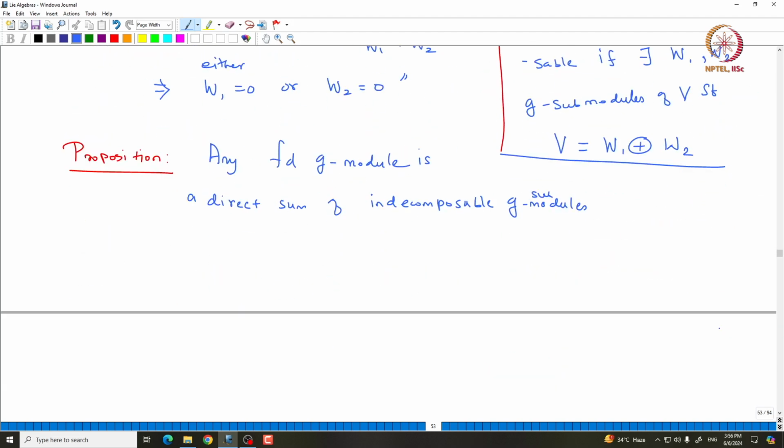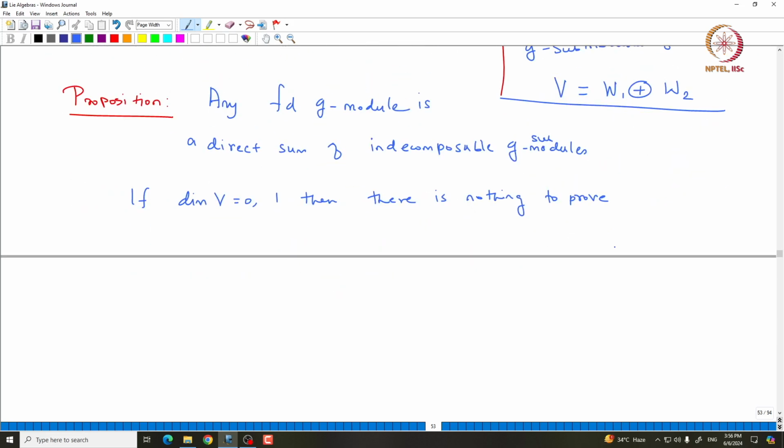We will use induction. If to begin with V is trivial or 0, then we do not need to worry about it. If the dimension of V is either 0 or 1, then there is nothing to prove, because they are indecomposable modules.